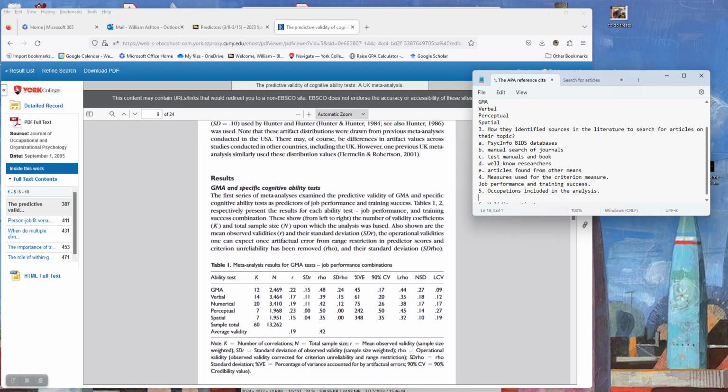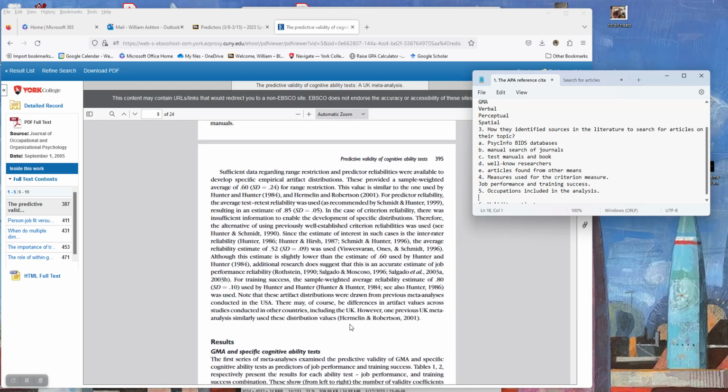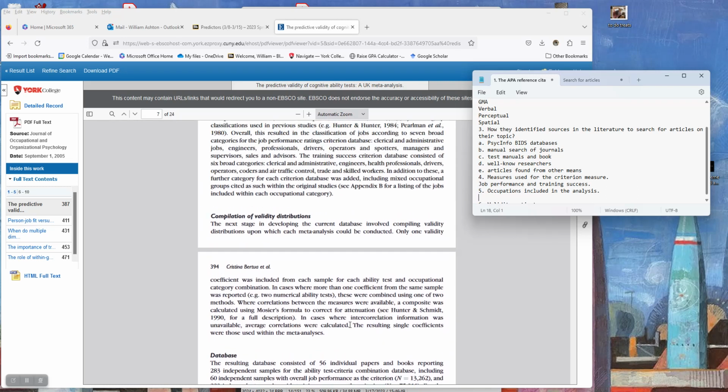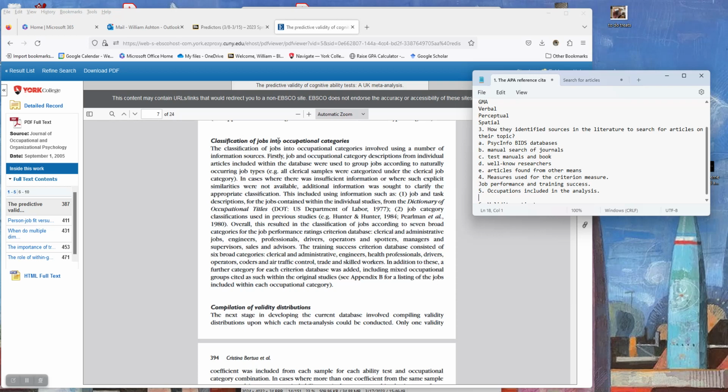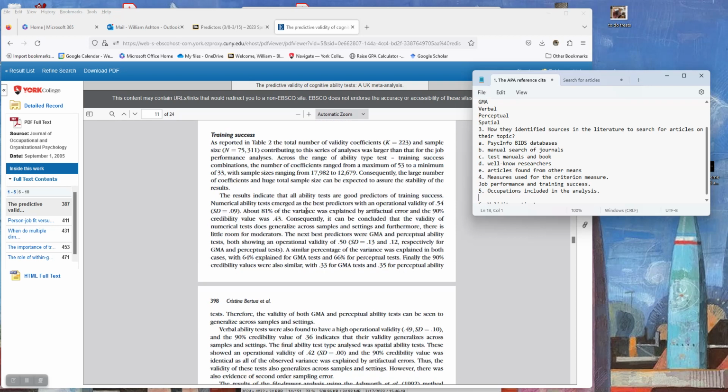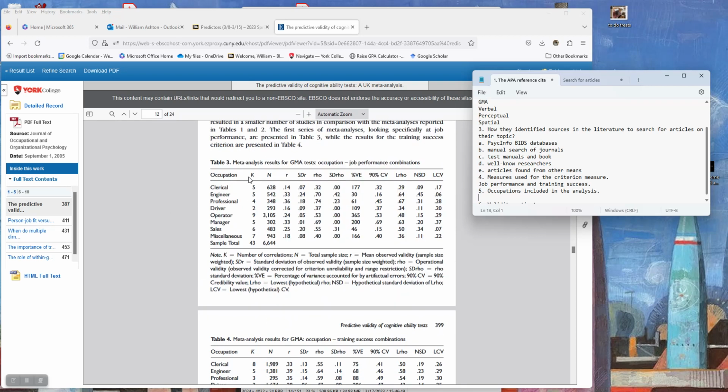Occupations included in the analysis. So you see this assignment is not really that technical, it's just boring going through this. Occupations, I think I saw that a minute ago. Classification of jobs into occupational categories. Oh, and I think to help us out, there's a table there. Excuse me.